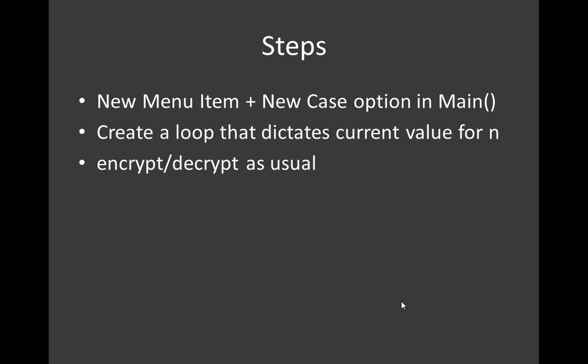And then once we've got that particular key, we'd decrypt as usual. But obviously we're having to do it a character at a time, which does make it a little bit tricky.